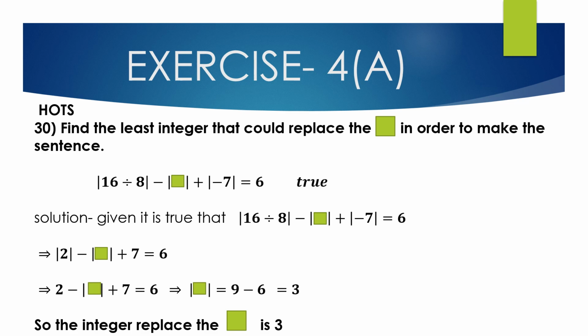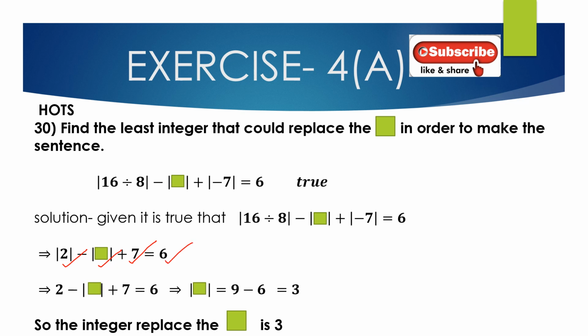We know 16 divided by 8 is 2. Absolute value of 2 minus absolute value of box plus absolute value of minus 7, which is plus 7, equals 6.